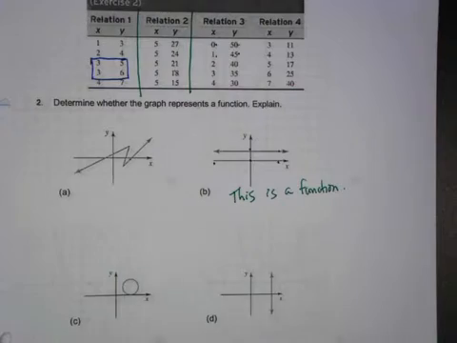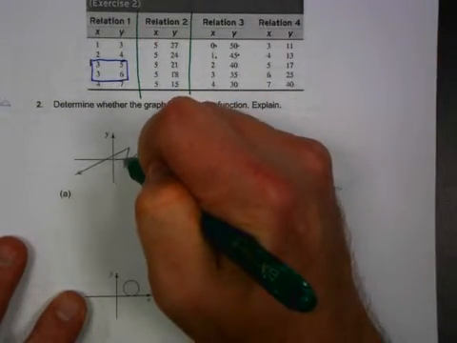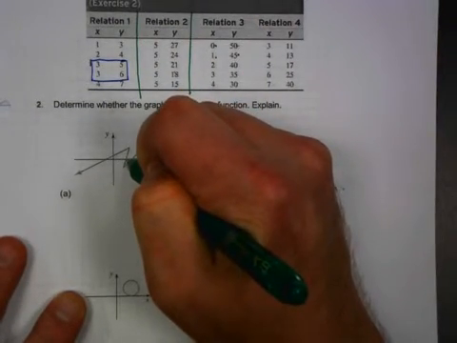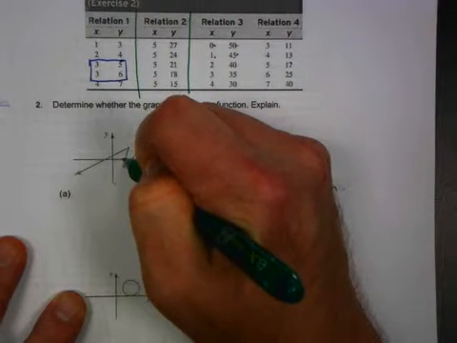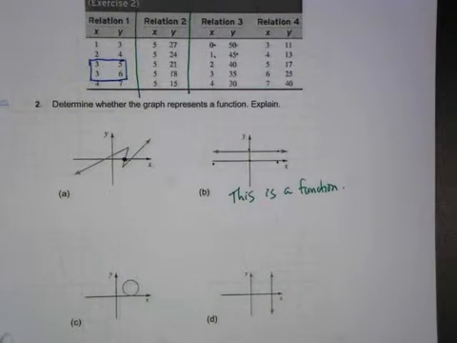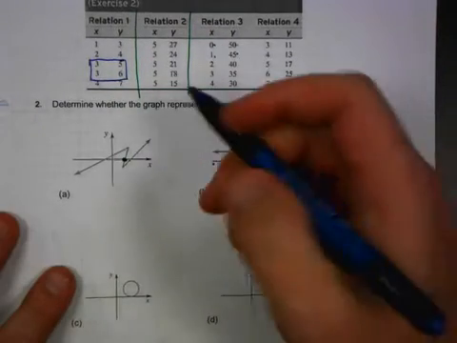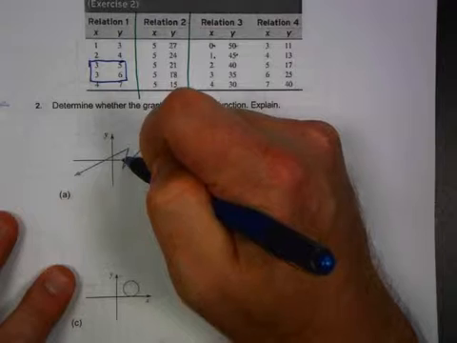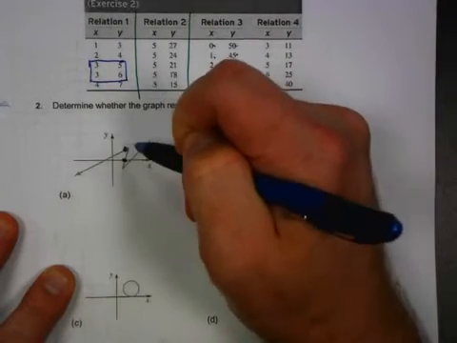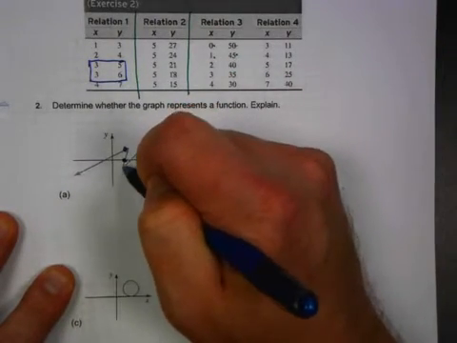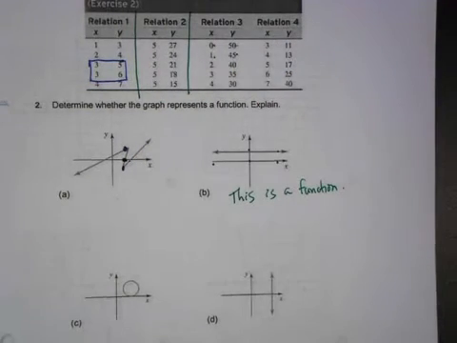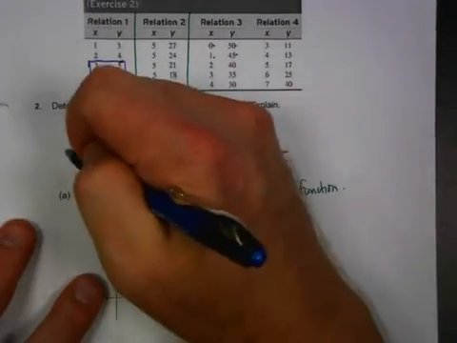So, for example, if I were to pick this x number right here, how many y numbers are there? 2. Oh, I think there's even 3. 4. You're right. Because if I pick this x number, I could use that y value, I could use that y value, or I could use that y value, couldn't I? So is that one a function? No, not a function.